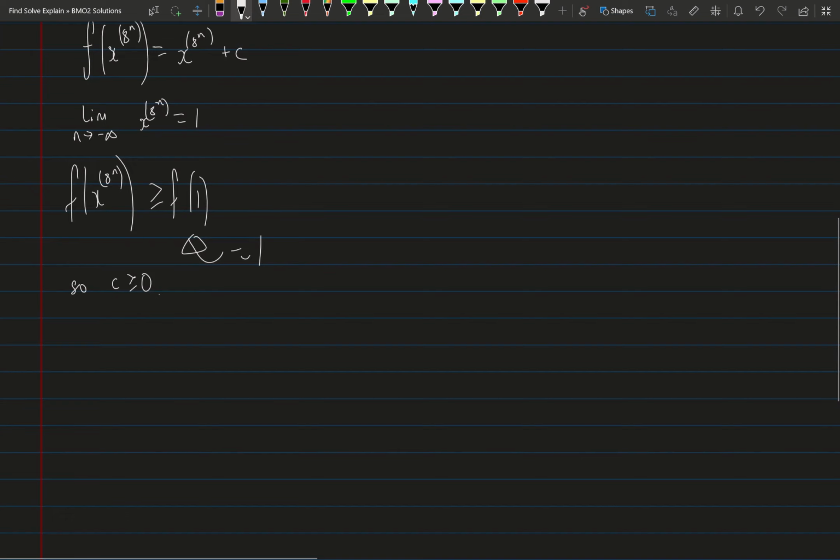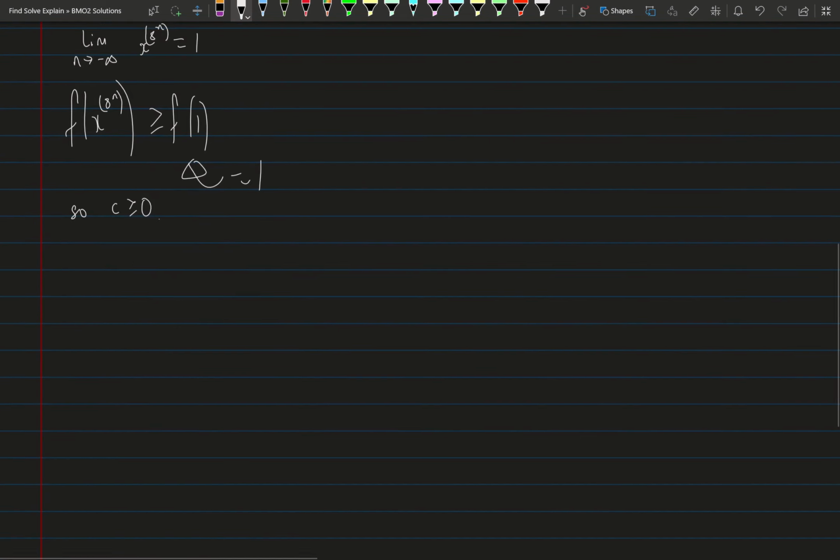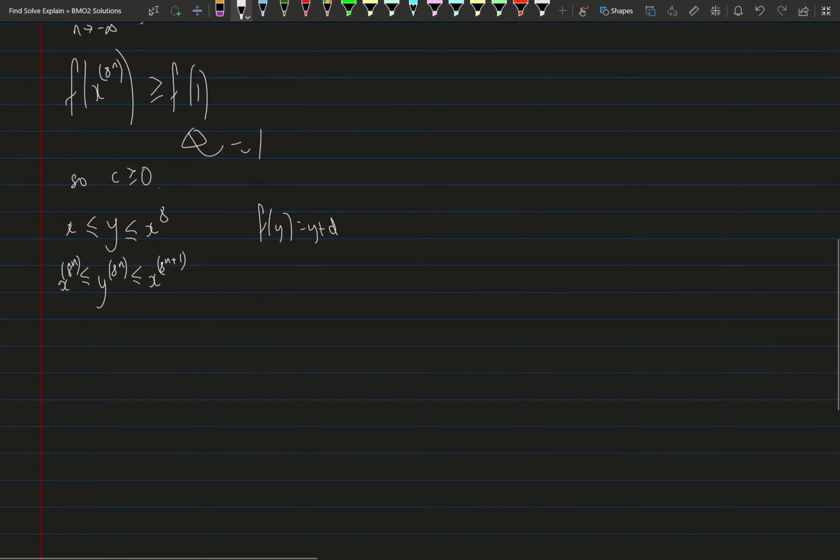Okay, let's consider some other value y with f(y) equals y plus some other constant d, such that x is less than or equal to y is less than or equal to x^8. We know that if we take everything to the power of 8^n, this is true, because we know that x and y are both greater than 0 from the question.